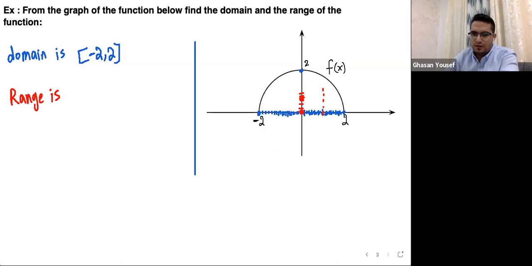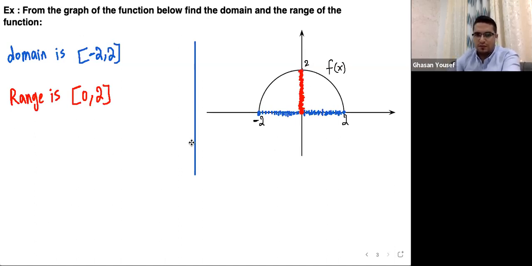So the y values we use start from 0 and go up to 2, because at x equals 0 the value is 2. So the range is from 0 to 2.